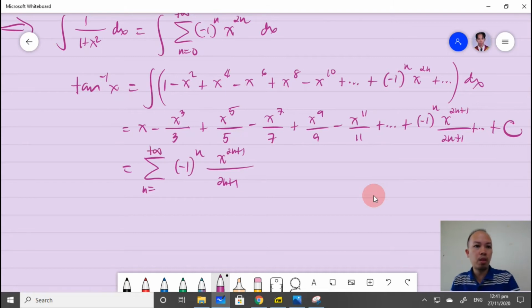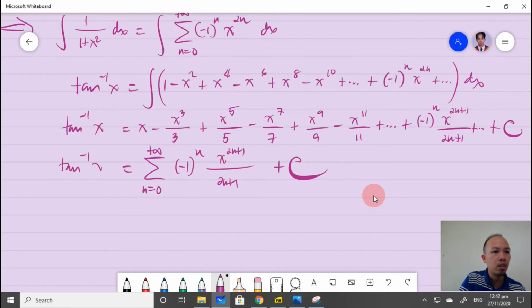Let's verify. If n is equal to 0, we have 0 plus 1, which is 1, so x to the 1, and we have positive, so this will start at n equal to 0. When n is equal to 1, we have 3, and then we have negative. So that's correct. This is tangent inverse of x.